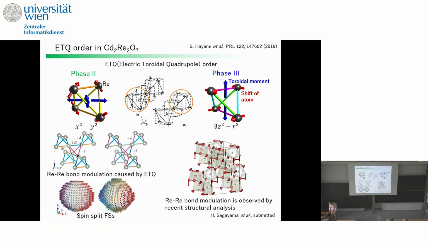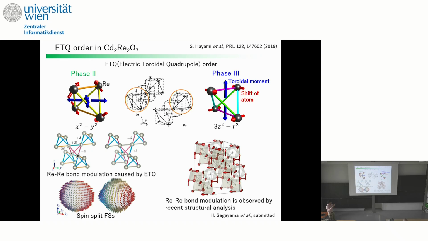So let me explain what the electric toroidal quadrupole is. Here, the red arrows show the shift of the rhenium ions from the regular positions. It's easier to understand in phase 3.